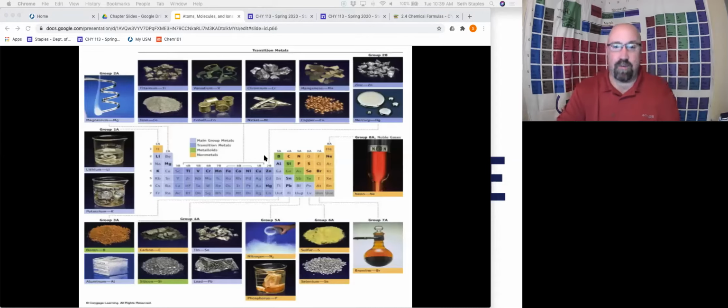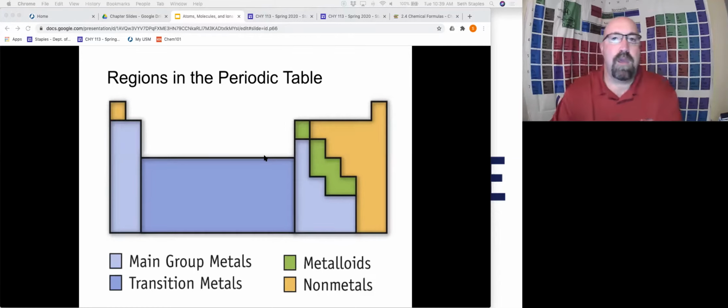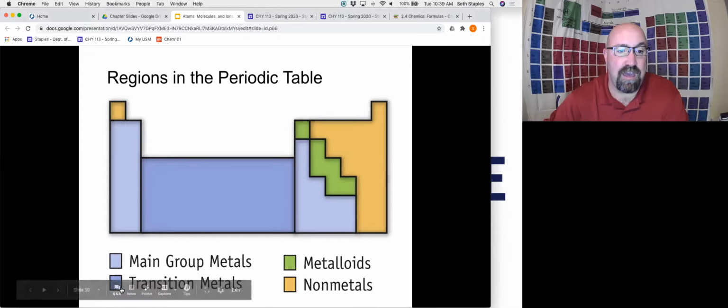Okay, so we ended last time looking at some of the regions in the periodic table. And we're going to need to be familiar with these regions when we move on with the things that we talk about today, especially as we look at the separation of the left-hand side of the periodic table. And when I say left-hand, I mean everything here in blue that I'm sort of circling with my pointer.